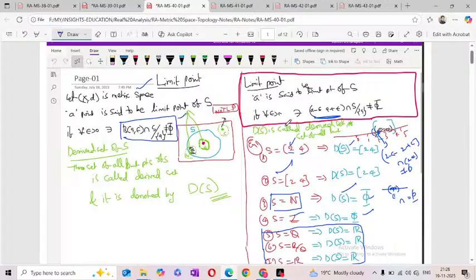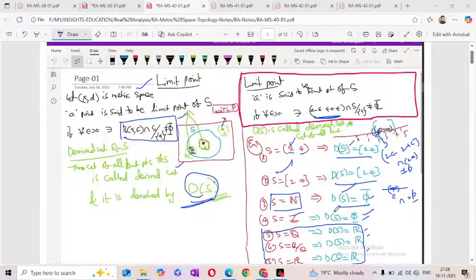What is the definition of the derived set in real analysis? The set of all limit points is called the derived set. So the set of all limit points of S is called the derived set, and symbolically we write D(S). These are all the derived sets of the given S.